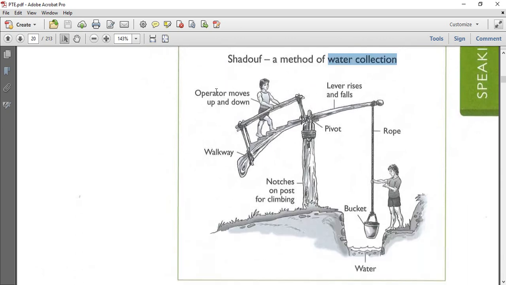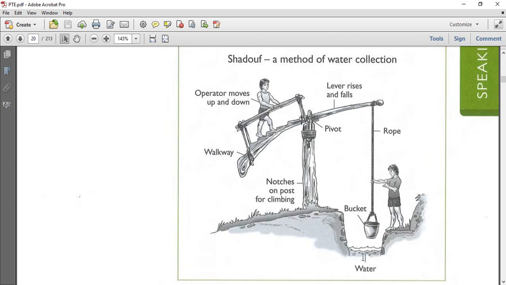Here we see this graph with labels: the operator moves up and down, this is the walkway, these are the notches on posts for climbing, the lever rises and falls, this is the pivot, the rope, the bucket to store the water, and here is the water itself.